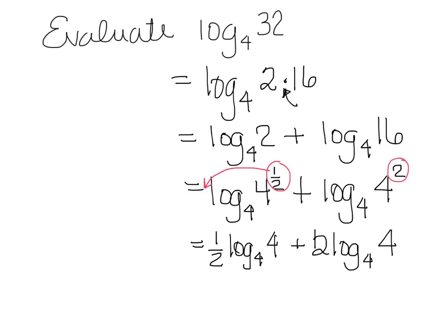Okay, so see how I've done this? I've brought the exponents down to the front with multiplication, so I don't have exponents anymore. So now it's really easy. I know log base 4 of 4. What is that? I can evaluate that very simply because I know that's 1.